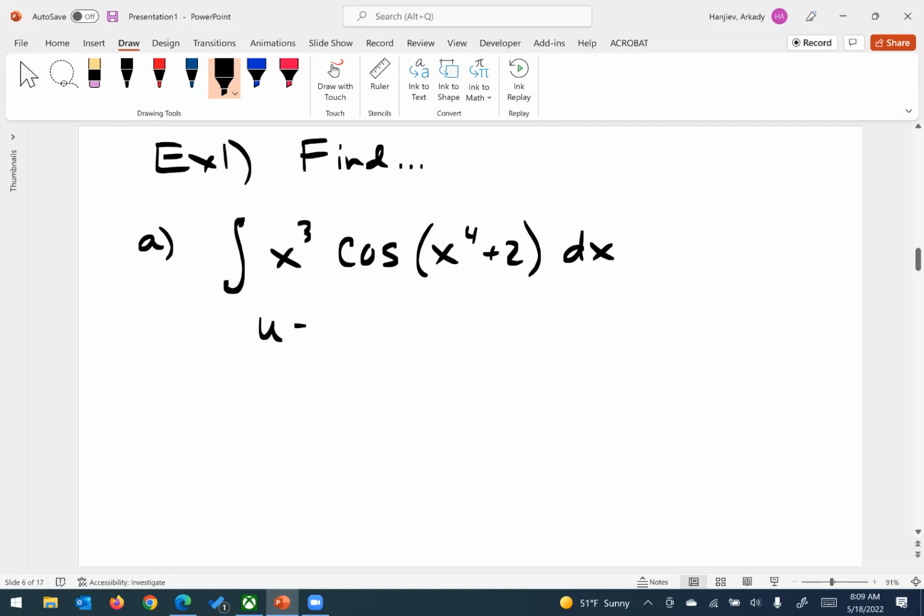U equals, I'm going to make a different color too. U equals x to the 4th plus 2, perfecto. Since Nicholas did that, then Zechariah, you get the derivative. Derivative is, dx. Okay, that's cool. Everything is set.